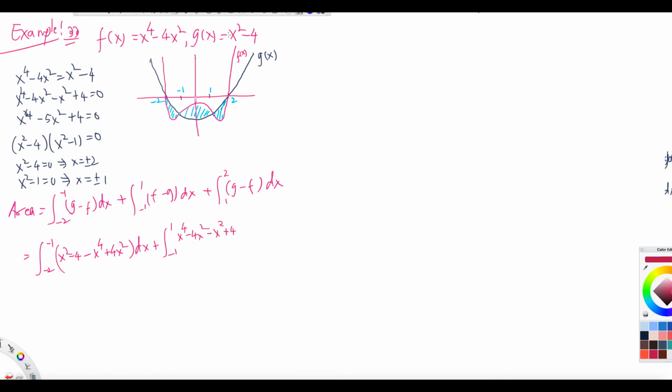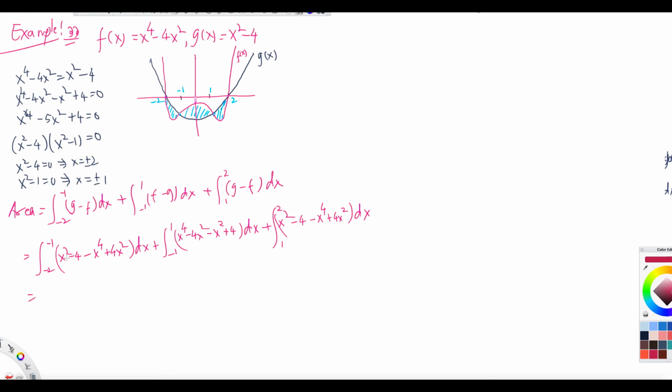Again I'm doing minus g, so minus x square plus 4, and then dx, and then plus g minus f again, so x square minus 4, with limits 1 to 2, minus x to the 4 plus 4x square, and then dx.